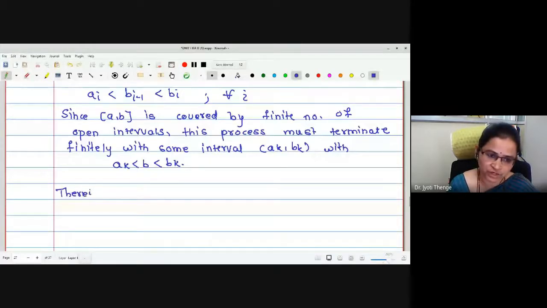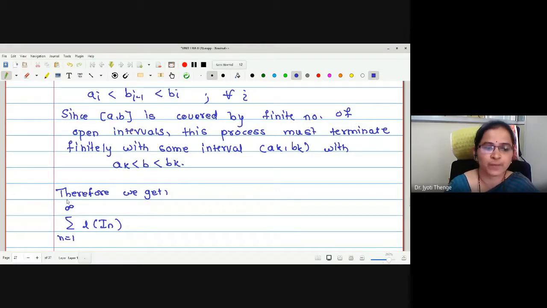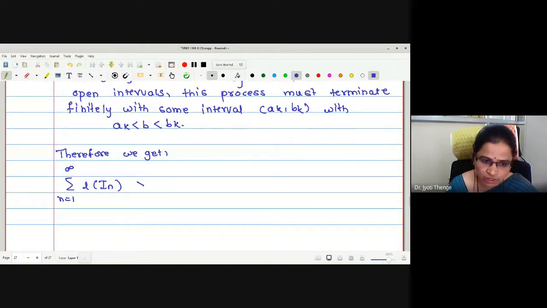Therefore, we get summation length of In, where n is from 1 to infinity. And no doubt, this is surely greater than or equal to summation, n equal to 1 to K, length of the intervals.